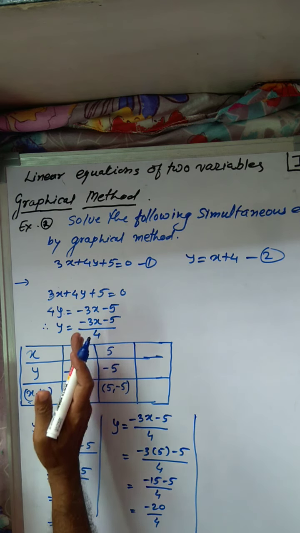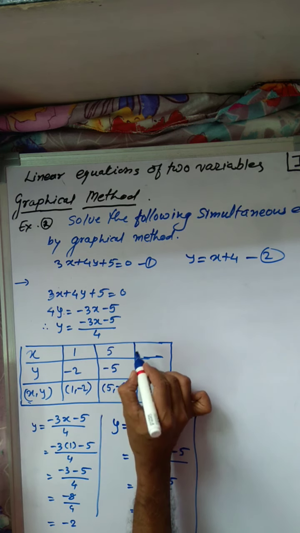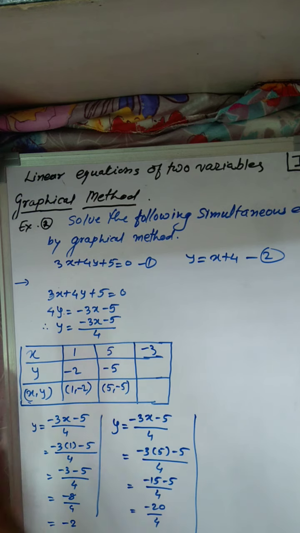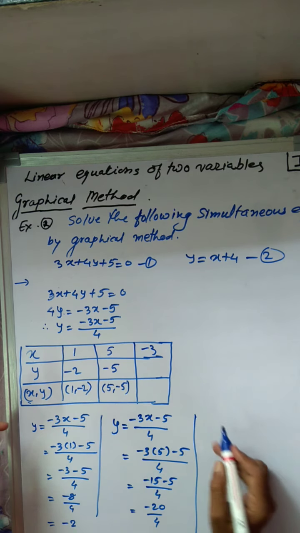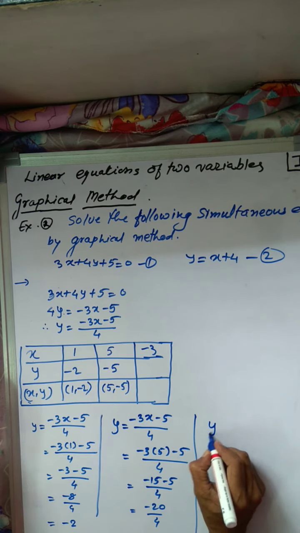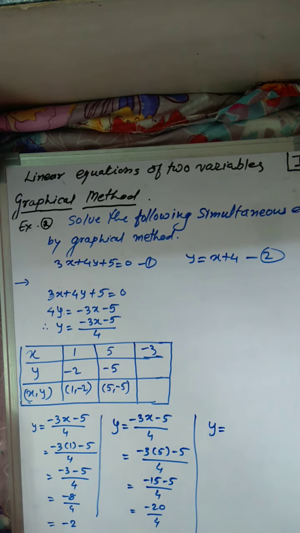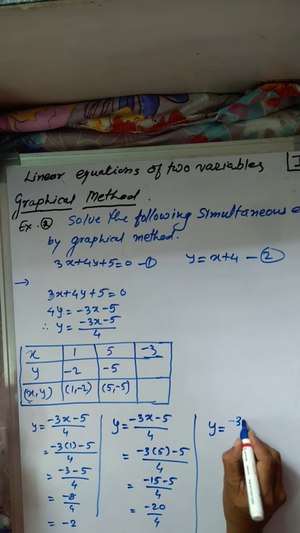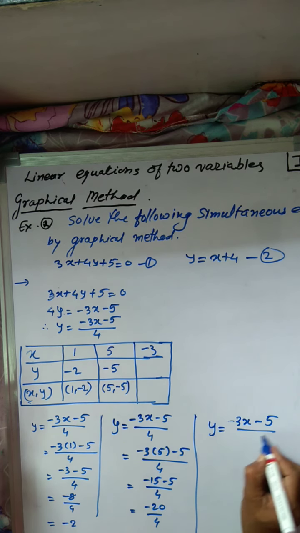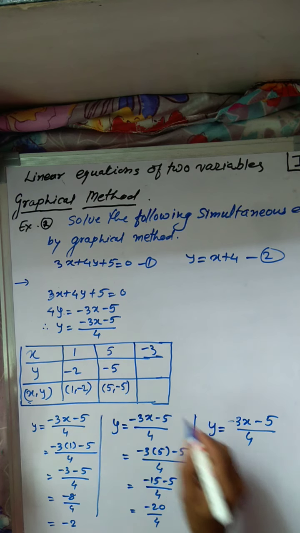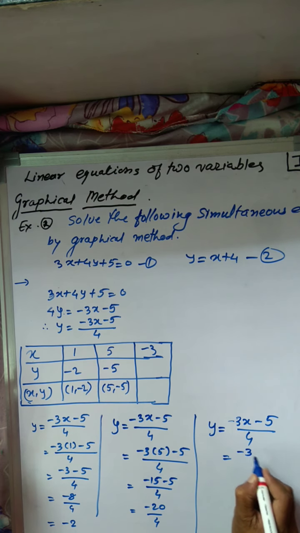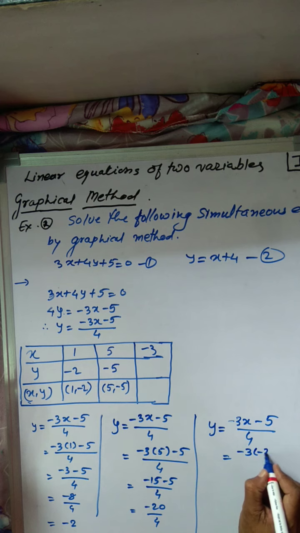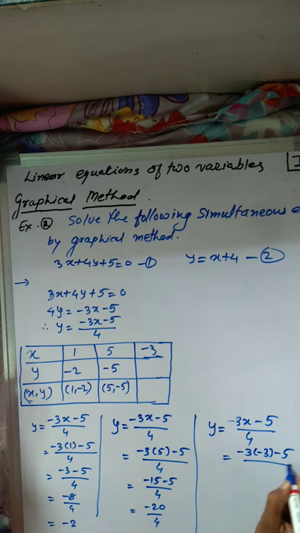Then we get the third point. We subtract 4 from 1, we get minus 3. 1 minus 4, that is minus 3. Take x is equal to minus 3. Hence for the value of y, we get minus 3x minus 5 upon 4. Put the value of x is minus 3, that means minus 3 into minus 3 minus 5 upon 4.